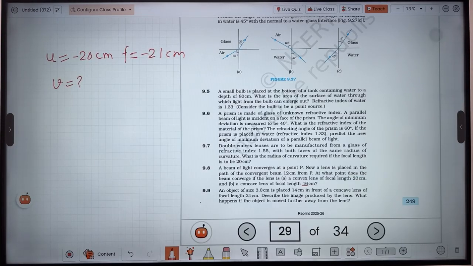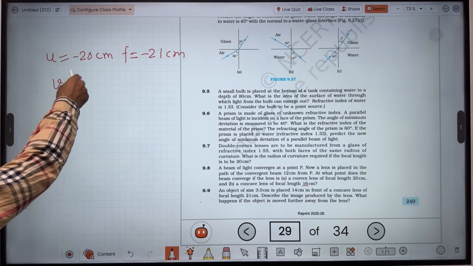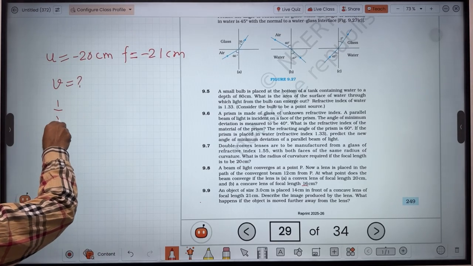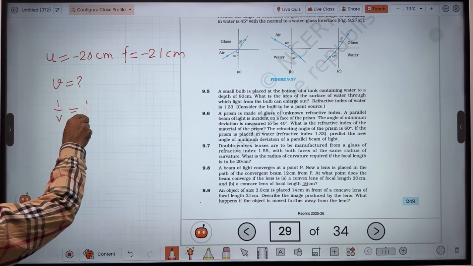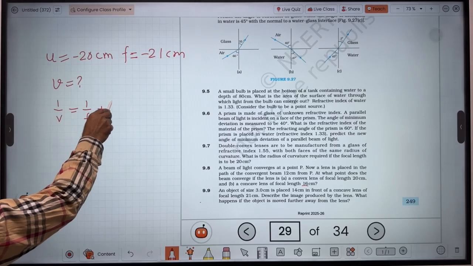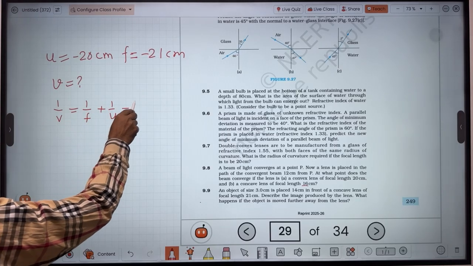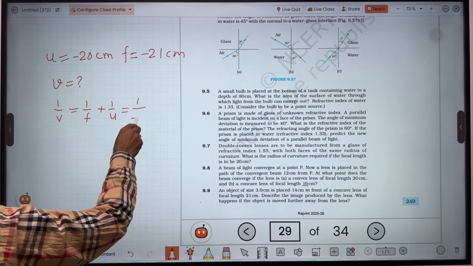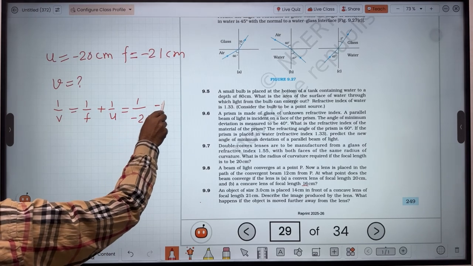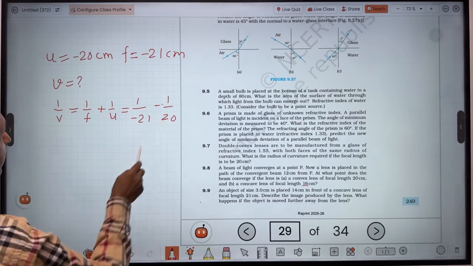So whether v is increasing or decreasing. In the previous case, we found v as 8.4. Now let's see. So 1 upon v equal to 1 upon f plus 1 upon u. We can put the values: 1 upon f is minus 21 and minus 1 upon 20.